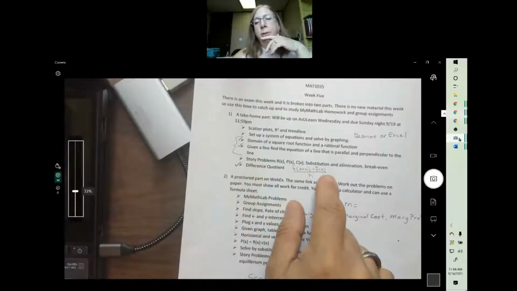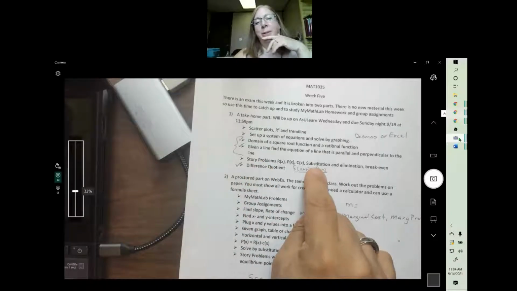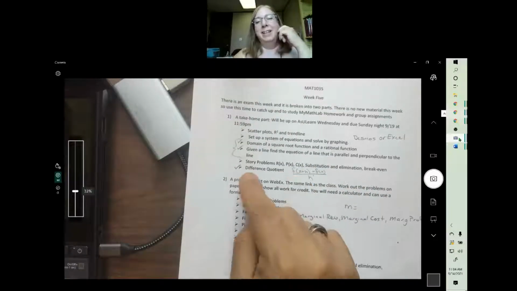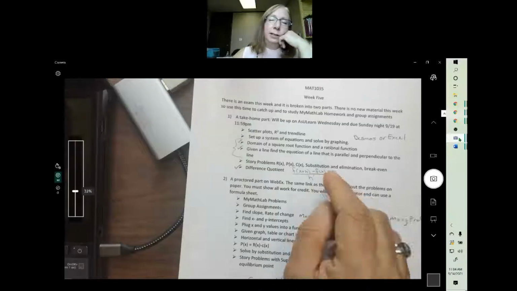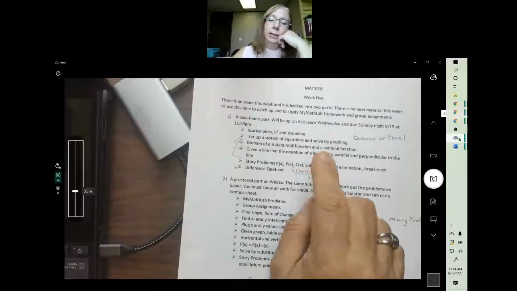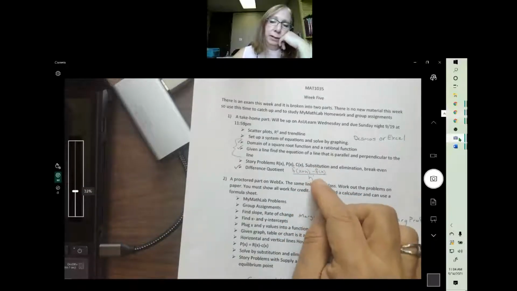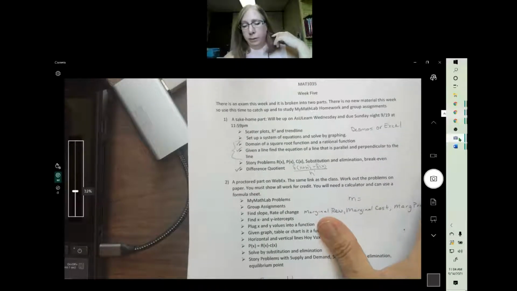And then the story problem, because I wanted one more, so I put one on the take home, one in class. And then difference quotient, some students move really slow on it sometimes, and so I made that a take home, because we'll use it a lot later. Any questions so far?